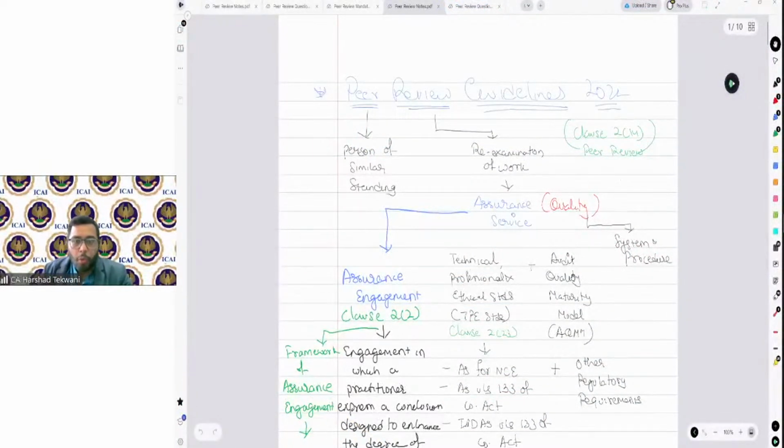So today we are going to cover the peer review guidelines and then we'll be shifting to the quality review. Just a reminder, in the last lecture, Madam also spoke about the way that we are going to cover these lectures.